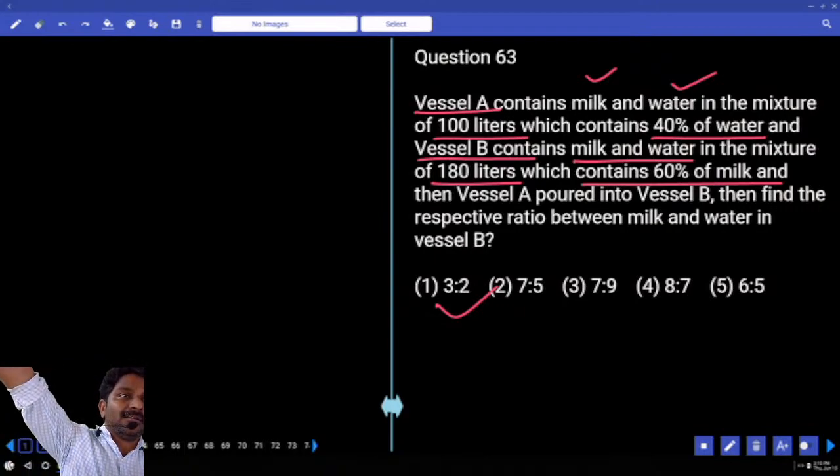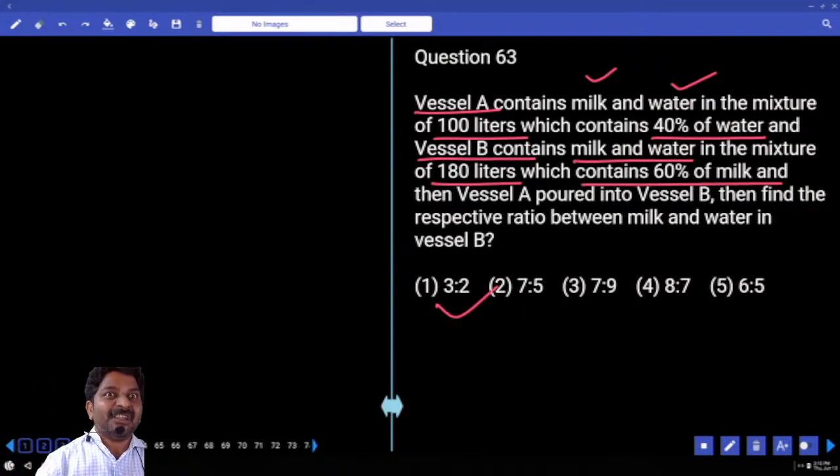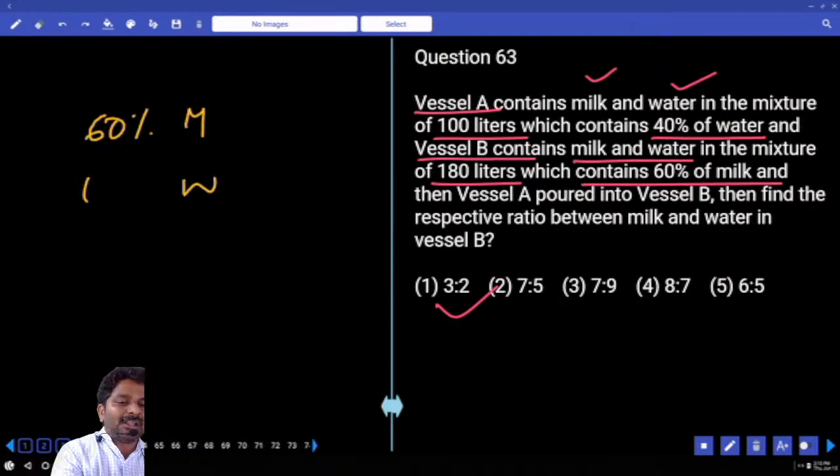Earlier, it is not 40 milk, 40 is water there, 60% milk, right? Earlier has 60% milk, and this vessel B also has 60% milk. How much quantity you have, that doesn't matter. When you mix both, it will also have 60% milk and water 40%.